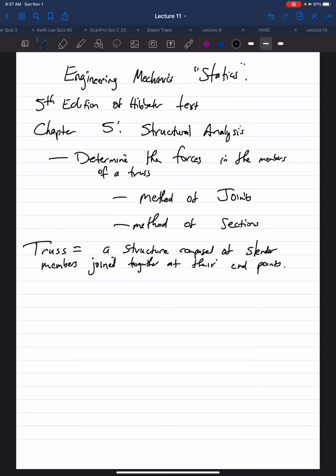You see trusses commonly on bridges and, say, cranes. They look like a simplified one. And these are the members, and typically they're joined at the ends by pins.